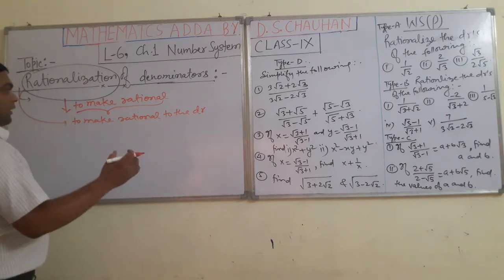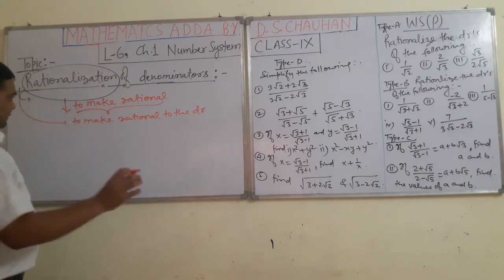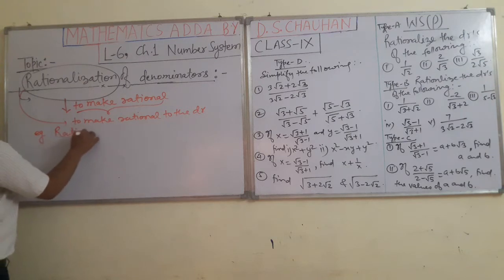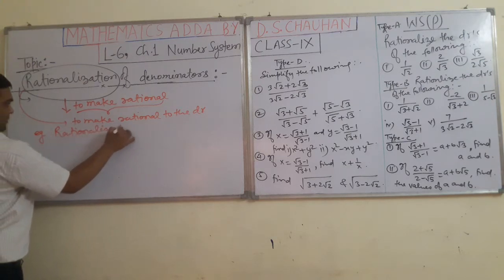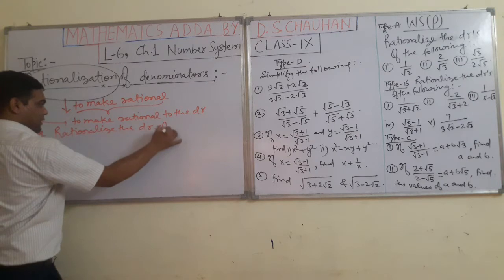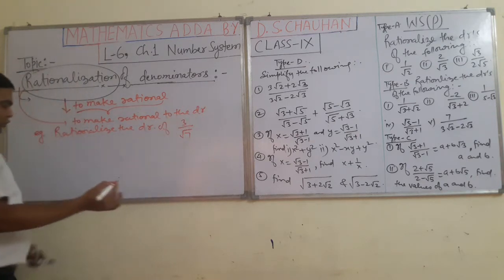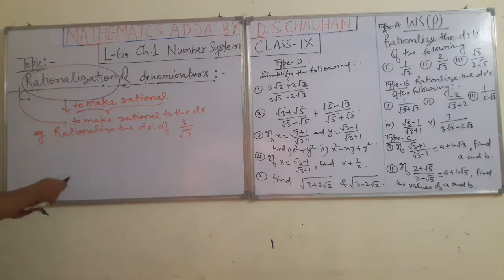Now students, try to understand. For example, rationalize the denominator of 3 upon under root 7. This is the question here. See how to do it, I am telling you.